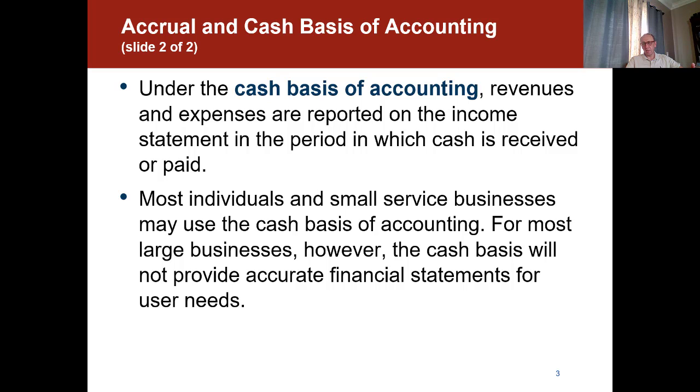If I haven't received the cash, then there's no income, even if I provided the service or the product to the customer. And of course, this is not acceptable. The IRS would accept it if you're using it for your own accounting system, which is not an official accounting system. But if you want to present the financial statements to the public, then you have to follow GAAP.